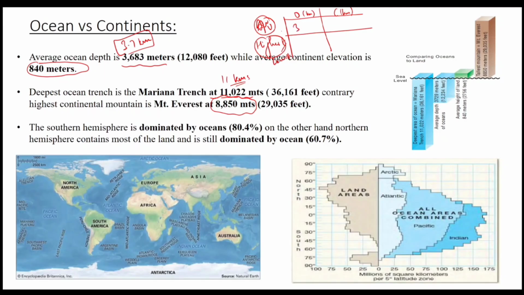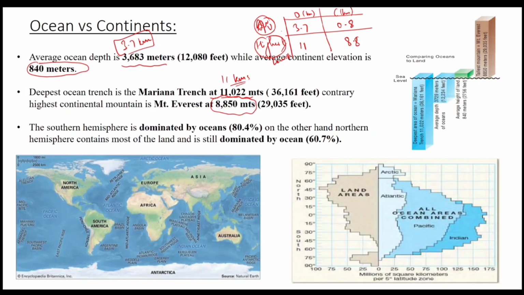So for ocean it is around 3.7, for continents it is around 0.8, and for the lowest one it is 11, and the highest is around 8.8. So please remember these figures, because these are the average and the high and the low ones.